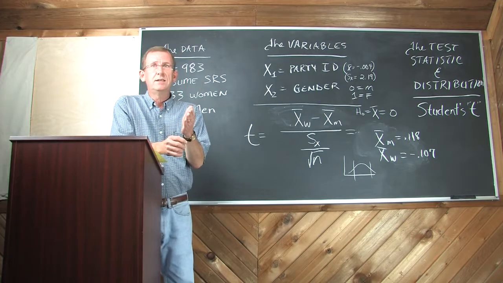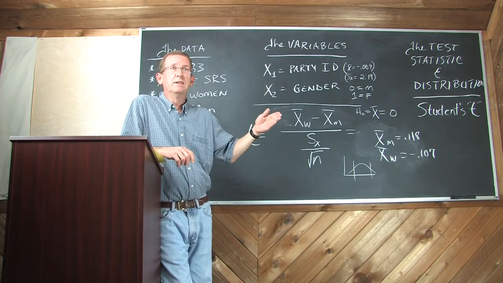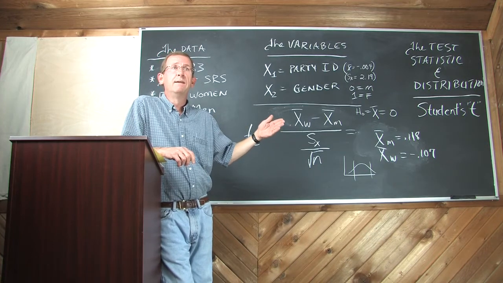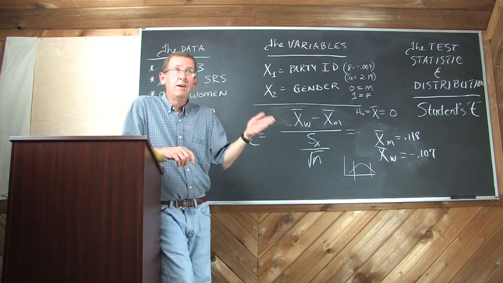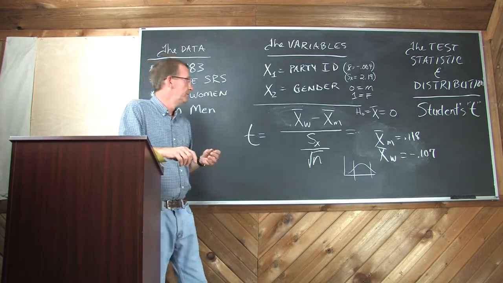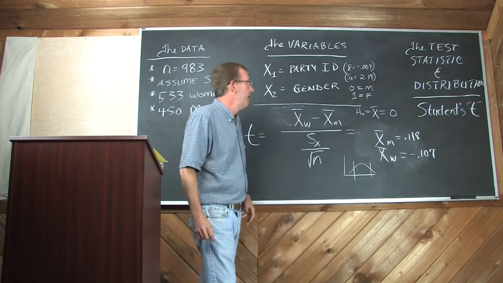This is 1996. I might look at these in class in a more contemporary survey and show you that since 1996, party identification itself can show a bigger gender gap, but we even had one then.